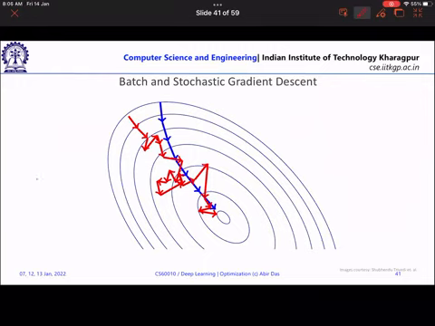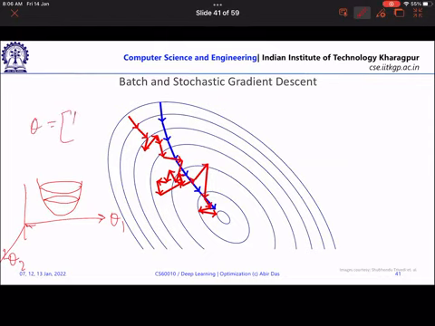Suppose a loss function looks something like this, a 3-dimensional surface. This is theta 1 and this is theta 2, so theta has 2 components, and this is J theta, right? This is the plot that we are used to seeing.